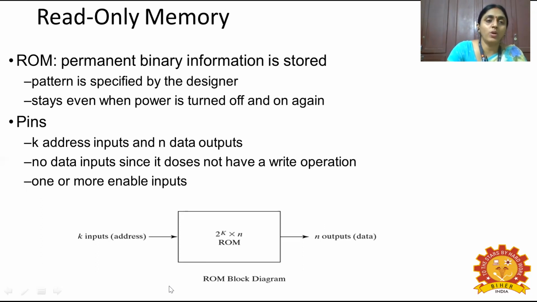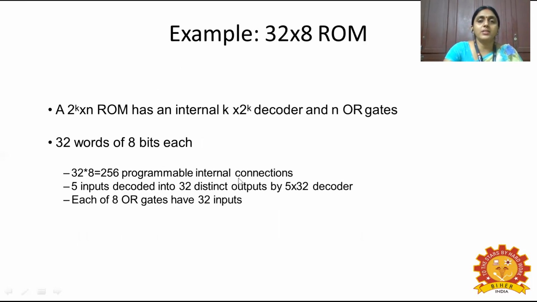And this ROM always has permanent binary information storage, which stays even when the power is turned on or off. And here is an example of a 32 cross 8 ROM. A 2^K × N ROM has an internal K × 2^K decoder, and N OR gates are involved here.